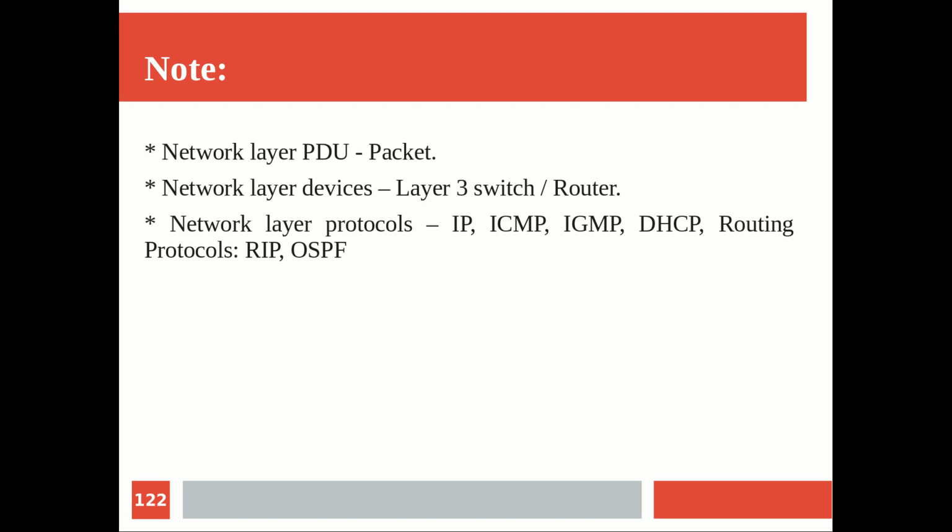The core protocol of the network layer is nothing but the Internet Protocol, IP, and we have IP version 4 and version 6; again, we will see this protocol in our further discussion. Another important network layer protocol is the Internet Control Message Protocol, ICMP.